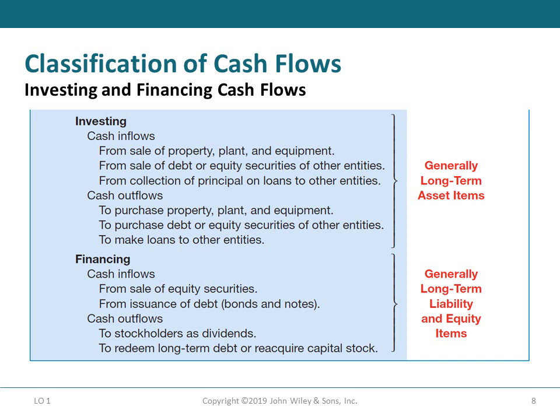Also from sale of debt or equity securities of other entities, or from collection of principal on loans to other entities. And also we have cash outflow from purchase of property, plant and equipment, purchase of debt or equity securities, or making loans to other entities.